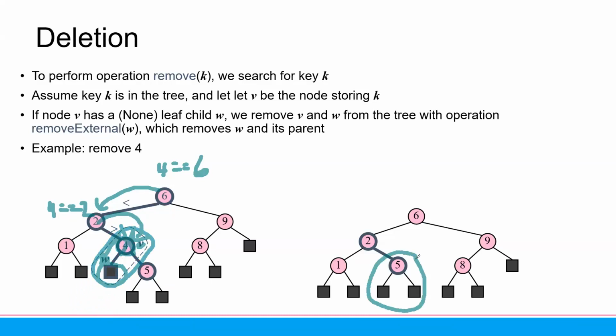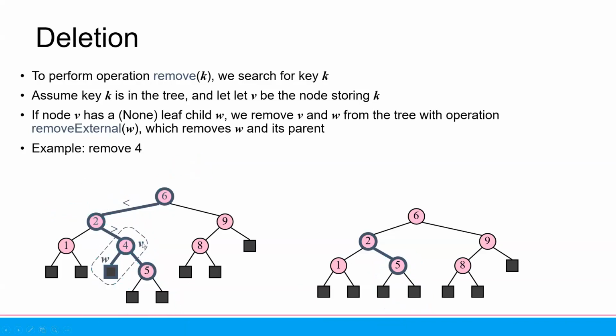So node 5 will be the next after 2, and there will be 2 nodes just as at node 5 before. We remove v and w because it contains the leaf.